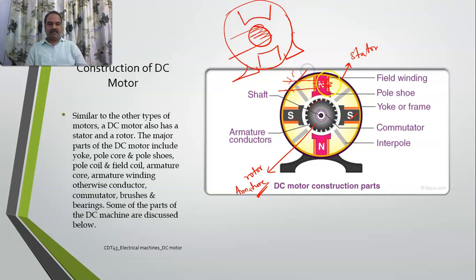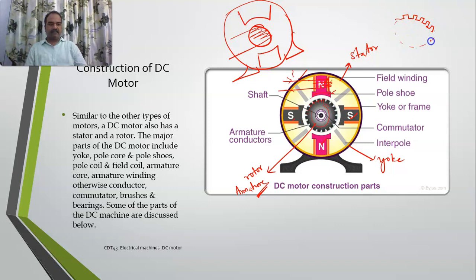So a field winding, pole core and pole shoe, and this entire one is called the yoke, the mechanical support. And here this internal one you call an armature, and over it you will find slots. In these slots, your armature will be like this. I'm not good at this, but yeah.